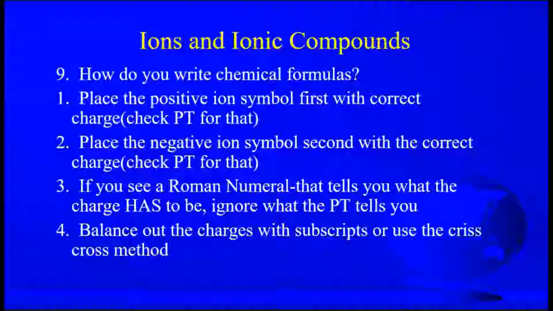Look on the periodic table. You may have to look at the name, because if the periodic table says it could be 2 or 3, then you're going to need to look for a Roman numeral. Number 2, place the negative ion symbol second with the correct charge.